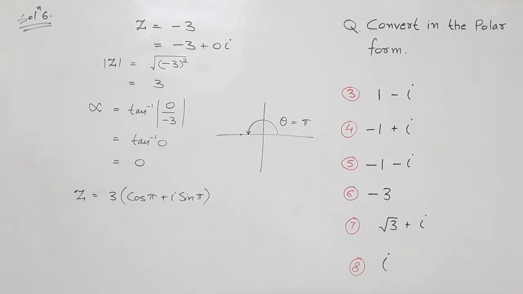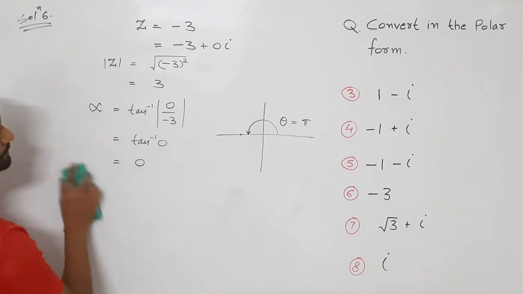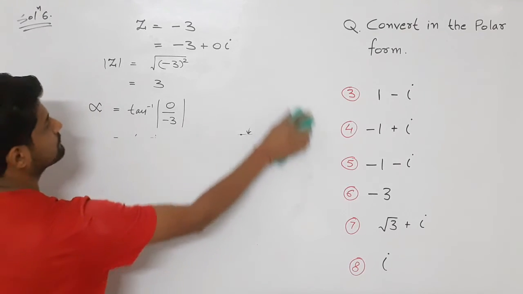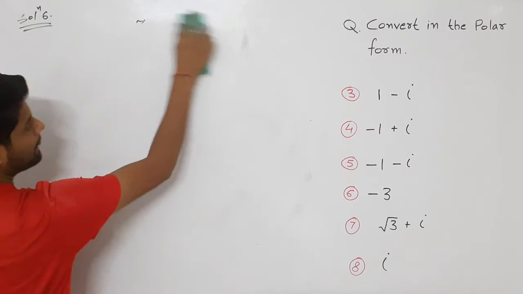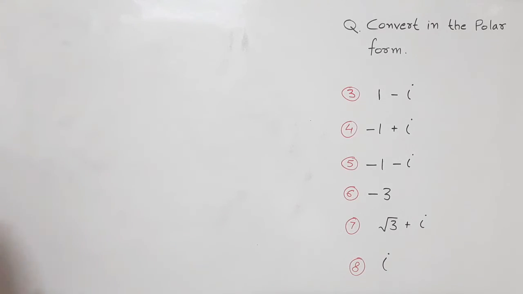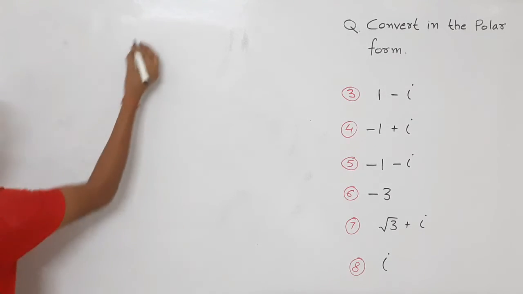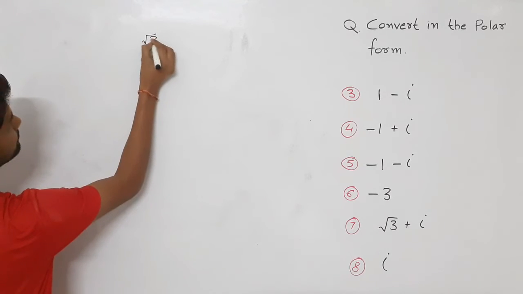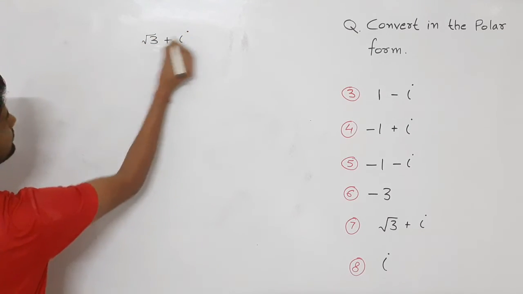Okay, so this is question 6. Now the next question is under root 3 plus iota. We have under root 3 plus iota.